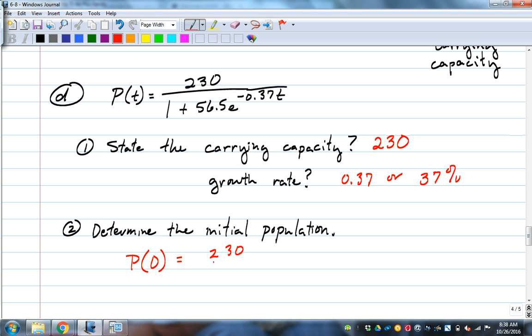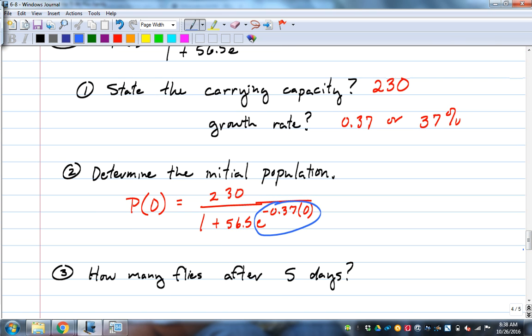230 on top, 1 plus 56.5 e to the negative 0.37 times 0. So what happens to this part? Becomes a 1.